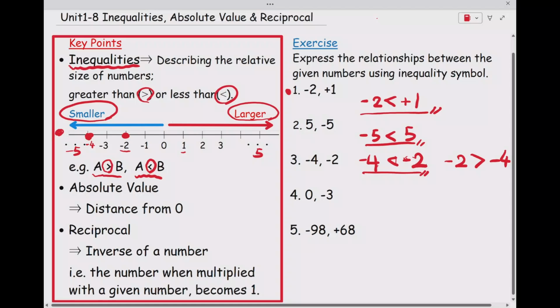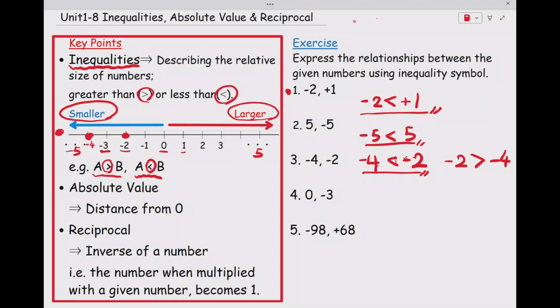Question number 4 is to compare 0 and -3. Again, on the number line, -3 is here, and 0 is here. And 0 is to the right of -3, isn't it? So, we know that 0 is larger than -3.